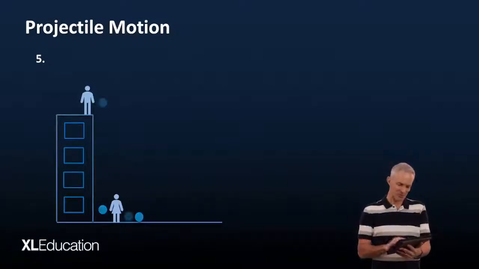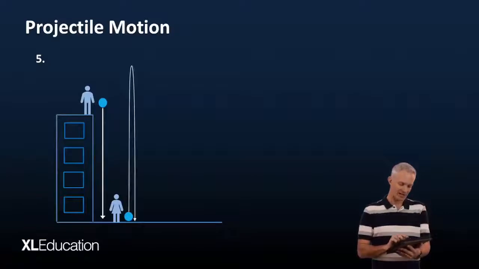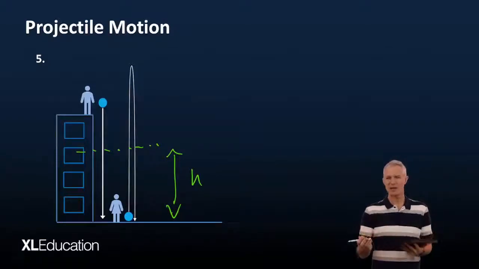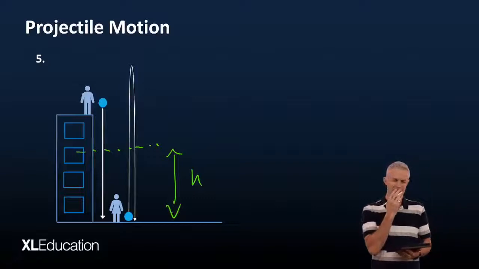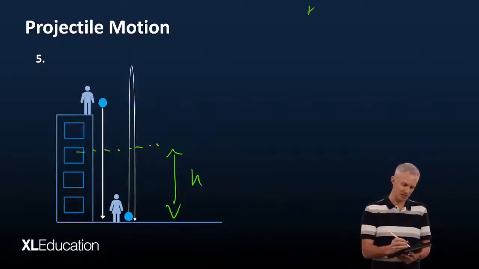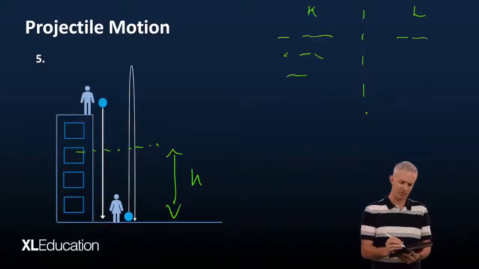And the kind of question would be, at what height did the apple and orange pass each other? Or at what time did they pass each other? So it could be either of those two scenarios. Now, you've got the understanding from our previous examples of how to solve either of those problems. Put your list of values together. So in this case, we're going to have Kagiso's list of values, and then we're going to have Lorato's list of values, and you can start to populate that with the information that you know.